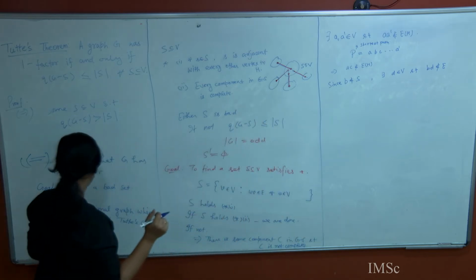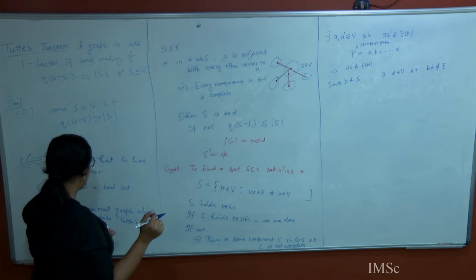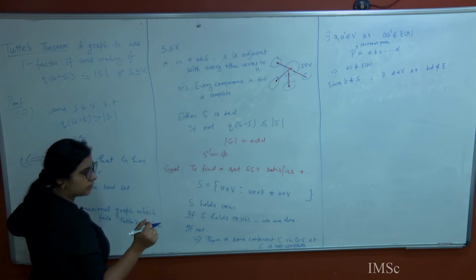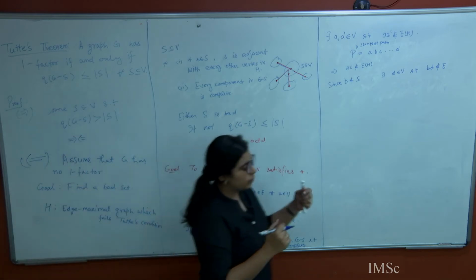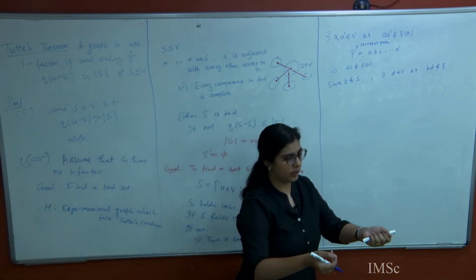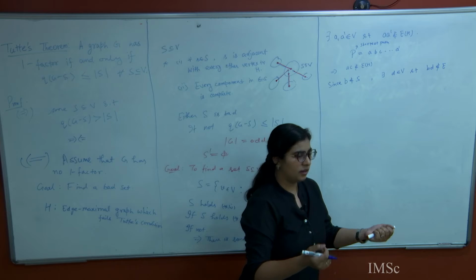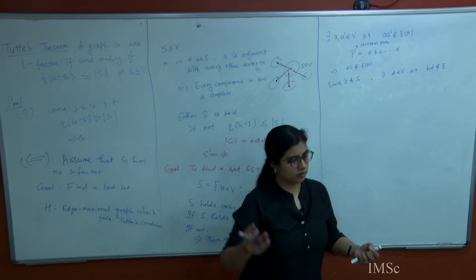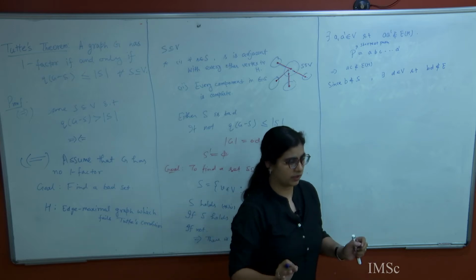So now what will we do? We started with some edge maximal graph H. Now if you add any edge to it, then that holds Tutte's condition, and so it has one factor.